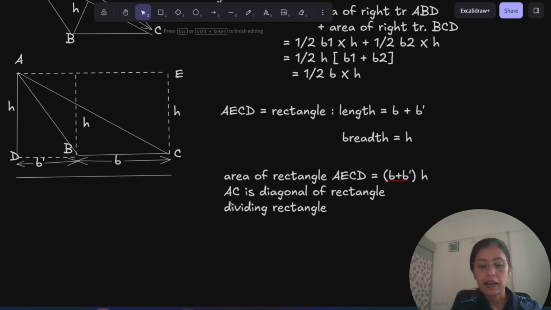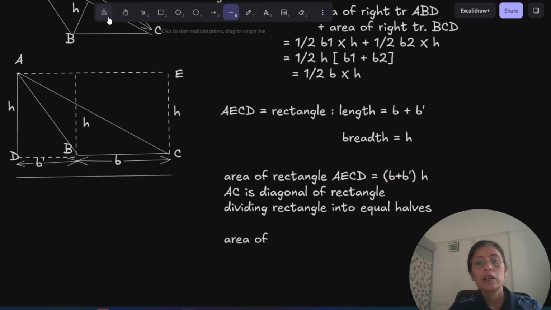Dividing rectangle into equal halves. So this means area of this portion. Let me make it. Let me color it.